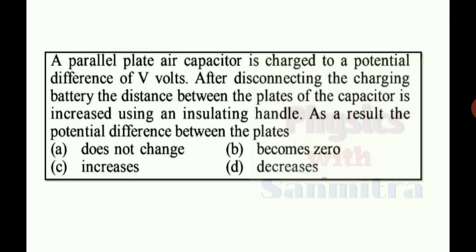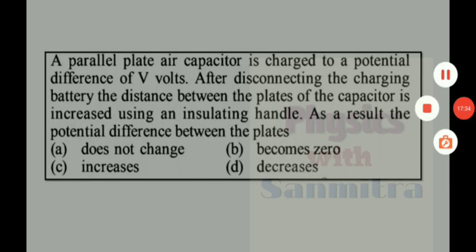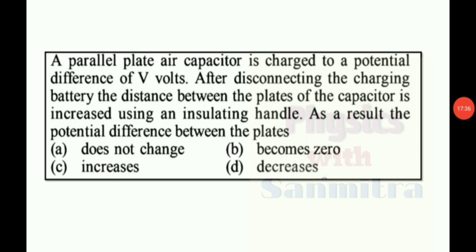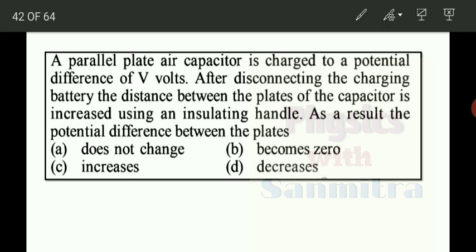A parallel plate air capacitor is charged to a potential difference of V volts. After disconnecting the charging battery, the distance between the plates of the capacitor is increased using an insulating handle. As a result, the potential difference of the plates: does not change, becomes 0, increases, or decreases. Just see what is exactly happening. At first, it is connected to a battery.